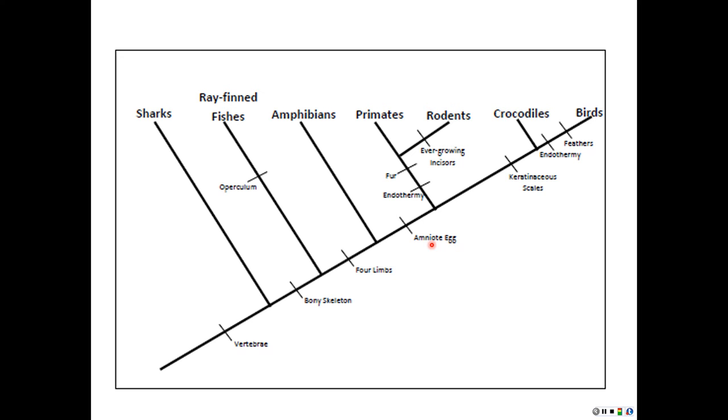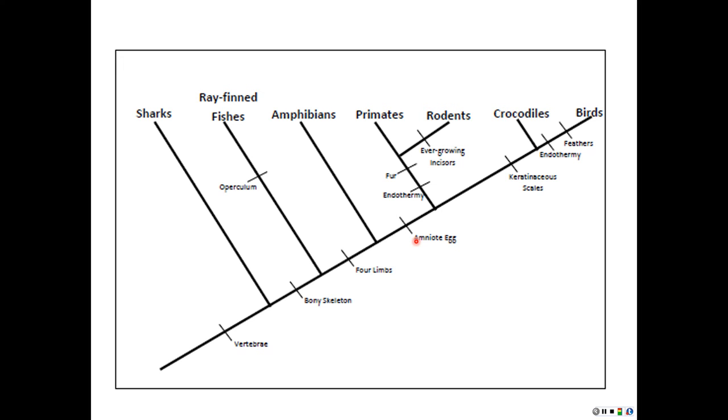So, for example, the amniote egg here would be a synapomorphy of the primates, the rodents, the crocodiles, and the birds. Right? They all share this apomorphy. Synapomorphies are really, really useful when we want to put together clades. And it's one of the main things we look at.